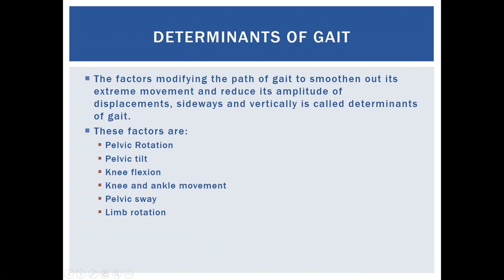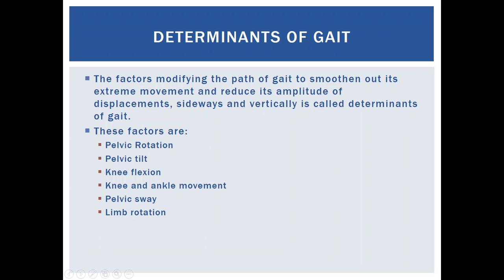And lastly, the limb rotation. So all these make sure that while we are walking we are balanced and we do not trip over. At the same time, none of our joints are actually experiencing more force than they're supposed to, and this ensures a pain-free and clear walking sequence.